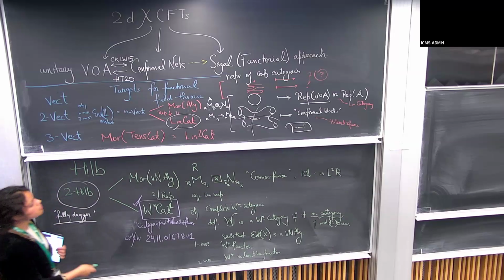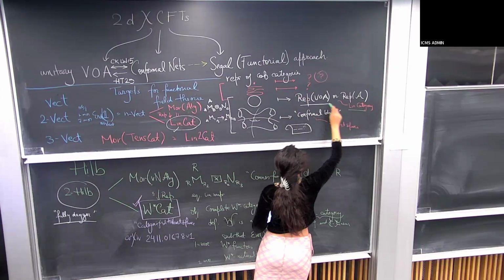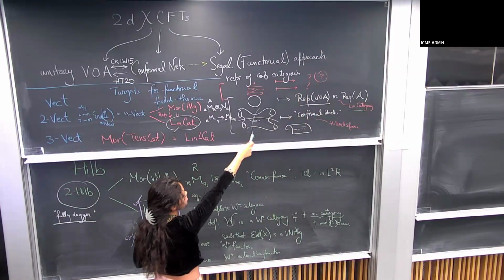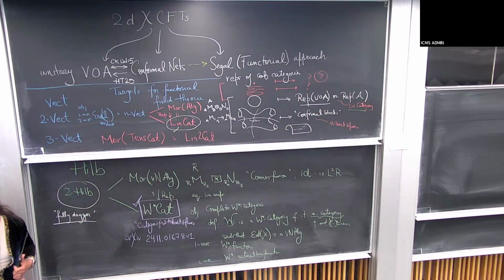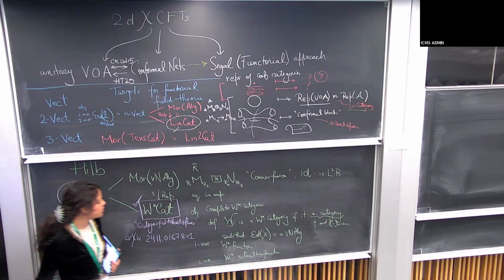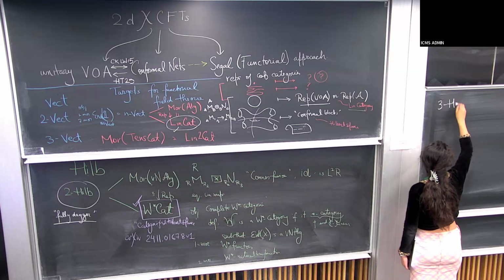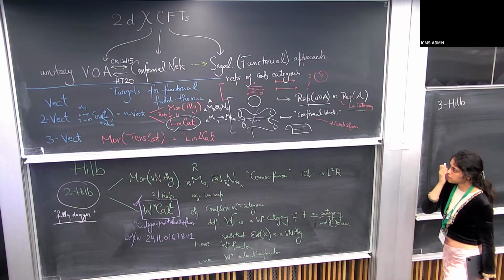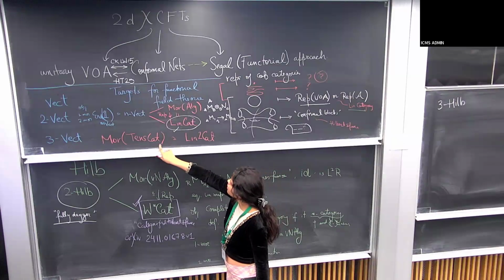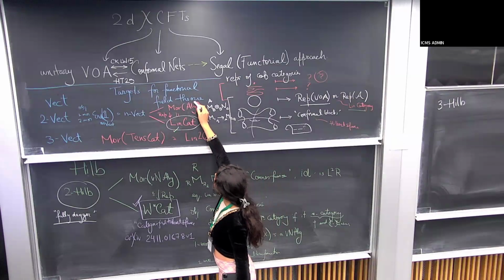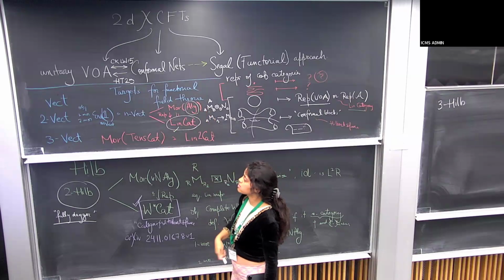Okay, so I have now told you what kind of object lives here, but again, that was not what I wanted. I wanted to go to the level of 3Vect, which is essentially what I will try to tell you now. So 3Hilb. What did I end up doing here? I ended up taking a categorification of algebras as tensor categories.